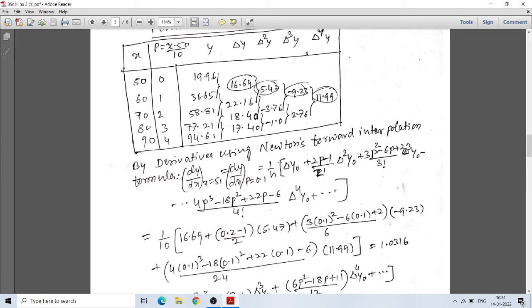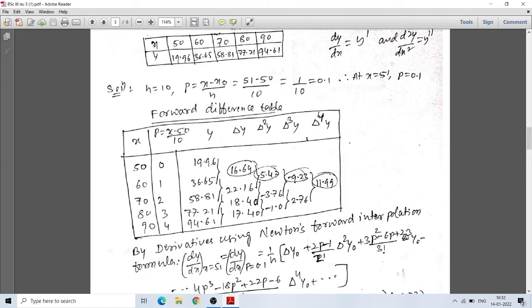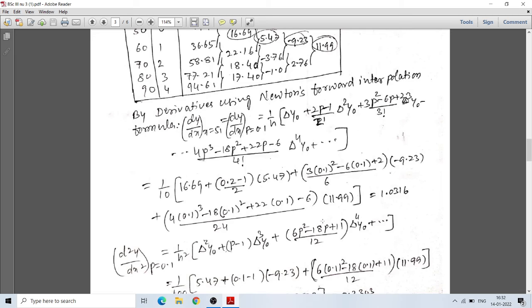Substitute values here. Delta y naught is 16.69, then 2p minus 1 by 2, where p is 0.1. I will once again explain: this p value is 0.1, so 0.1 into 2 is 0.2, minus 1, by 2.